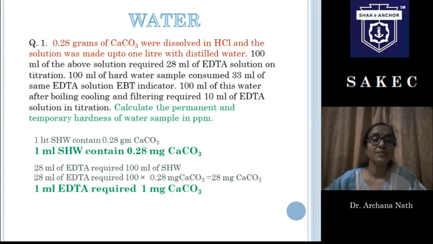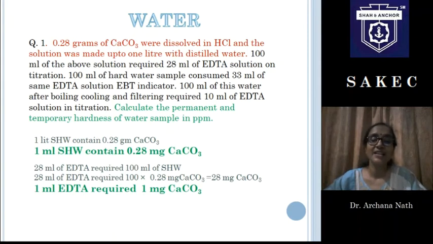Now what has been given? 28 milliliter of EDTA requires 100 ml of standard hard water. So 28 milliliter of EDTA requires 100 into 0.28 milligram of calcium carbonate. That means 28 milligram of calcium carbonate. So 1 ml of EDTA requires 1 milligram of calcium carbonate.